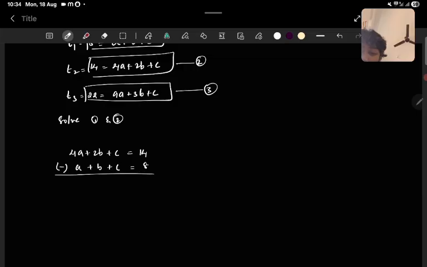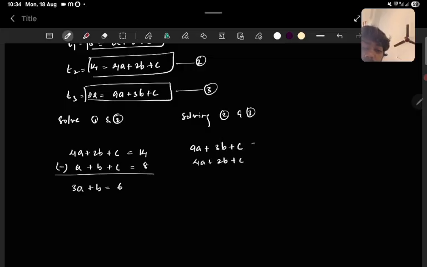C gets cancelled and 3A plus B is equal to 6. And by solving the second and third equations, it will be 9A plus 3B plus C is equal to 22 and 4A plus 2B plus C is equal to 14.